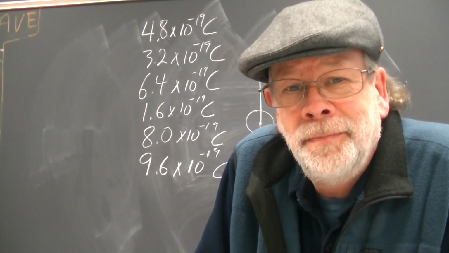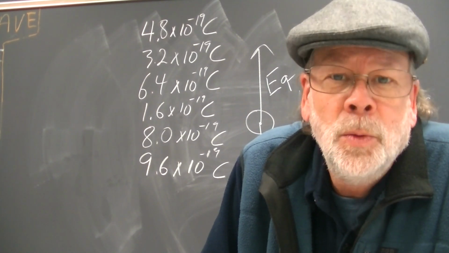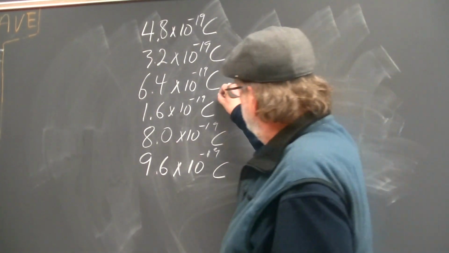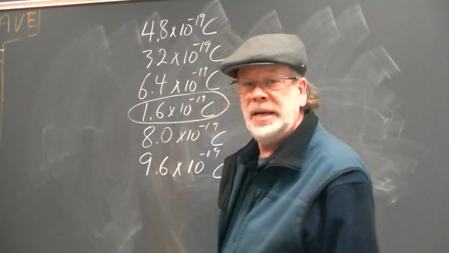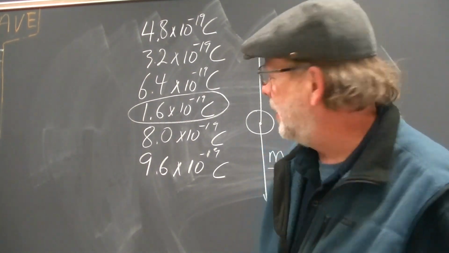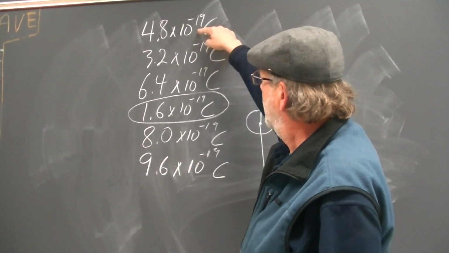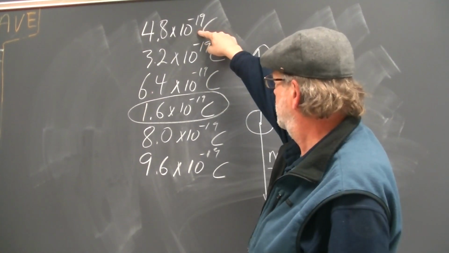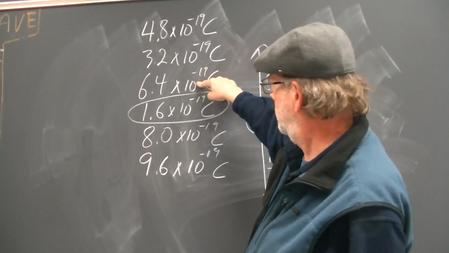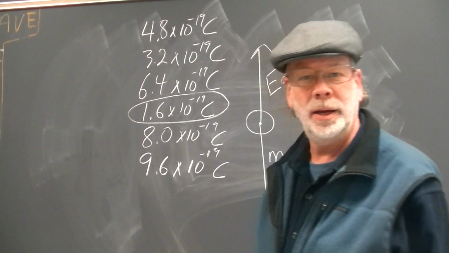Do you see the pattern? Do you see what Millikan saw? What's the charge on a single electron? Turns out this was the smallest number he ever got. And look at all the other numbers based on that. Well, that's twice as big, isn't it? 3 times as big. 4 times as big. 5 times, 6 times as big.